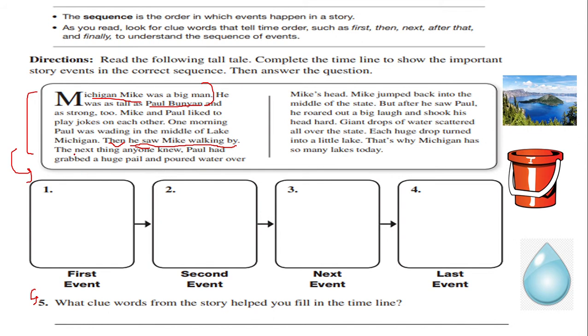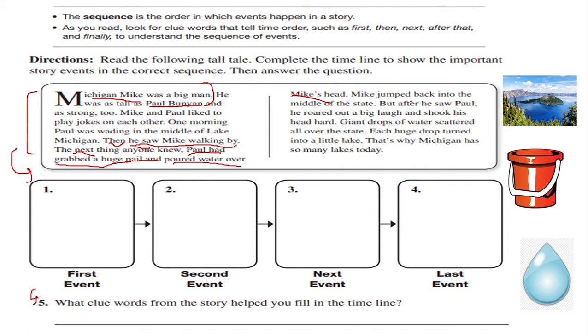The next thing, that's the third thing that happened, Paul had grabbed a huge pail and poured it over Mike's head. So he grabbed this pail and spilled it over Mike's head.